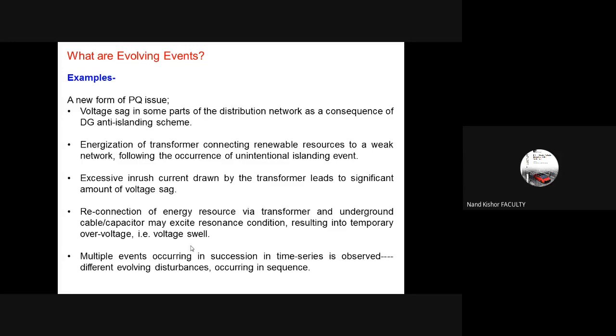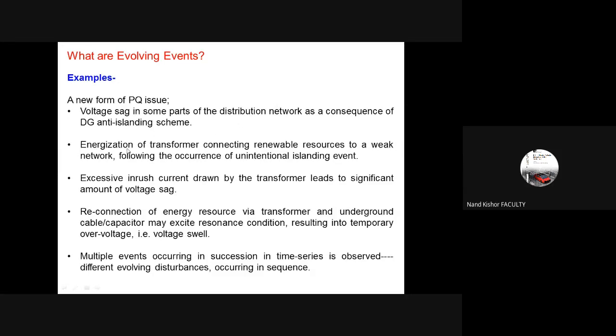Some of them include voltage sag occurrence in one part of the network because of an anti-islanding scheme. So you have an anti-islanding scheme and a voltage sag occurrence in some other part of the network, right?